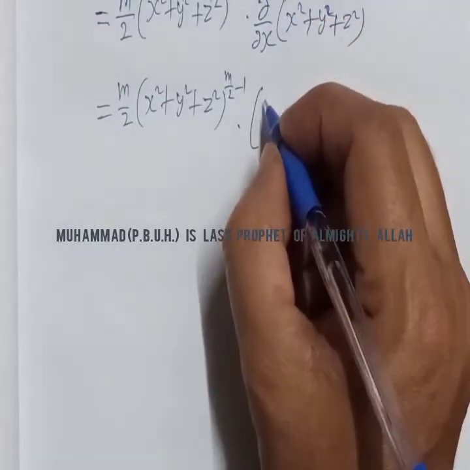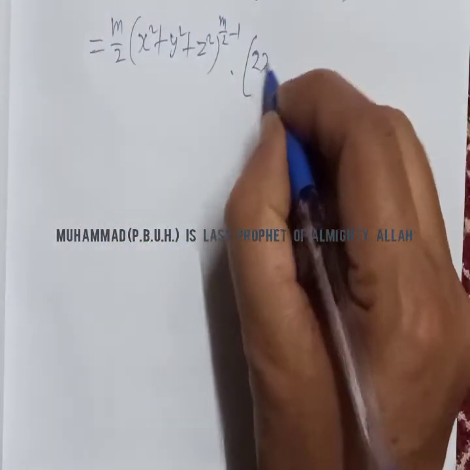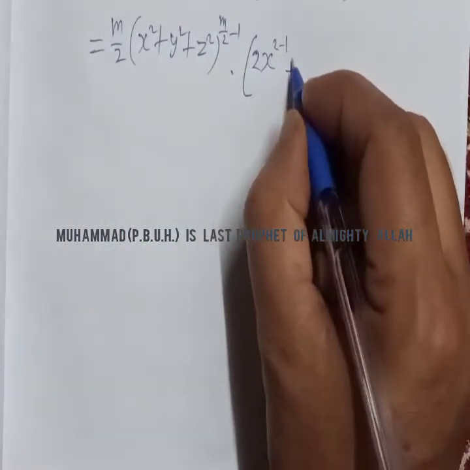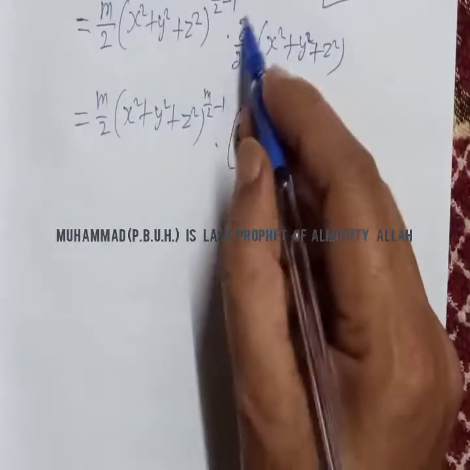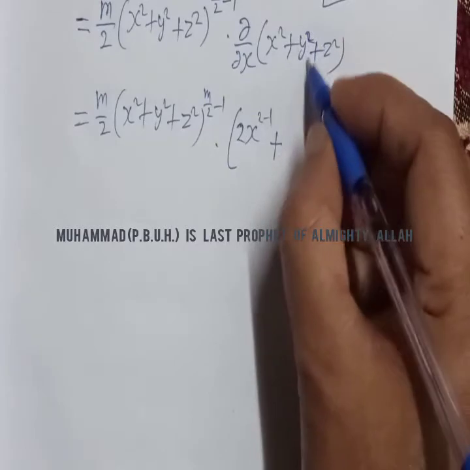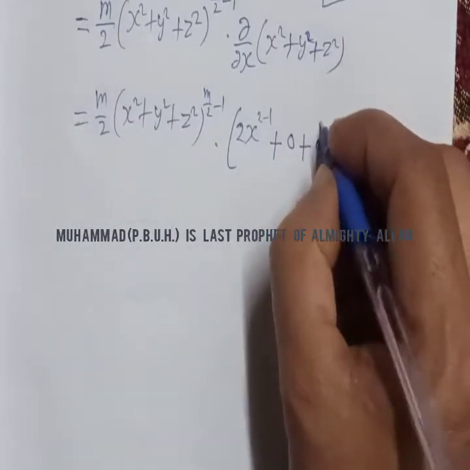On differentiating this term we get, according to this formula, 2x to the power 2 minus 1. For partial differentiation with respect to x, y and z are constant, so differentiation of y square and z square is equal to 0.